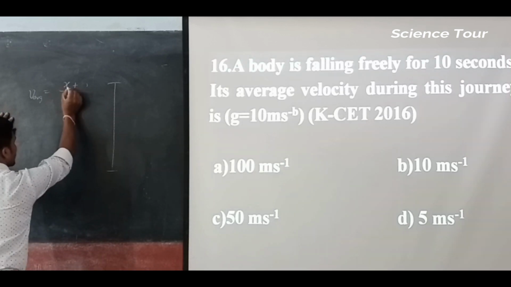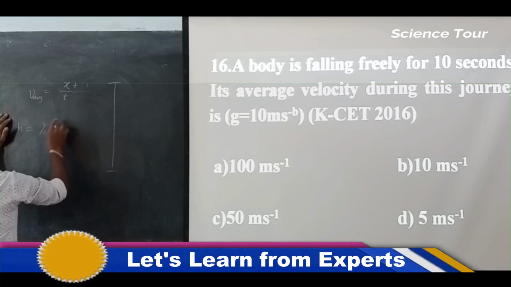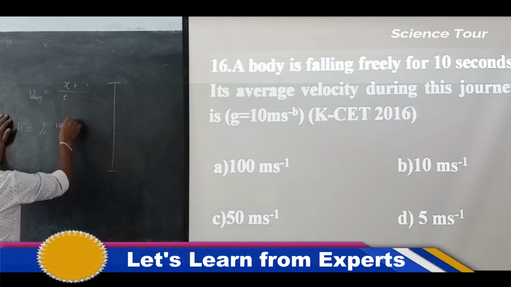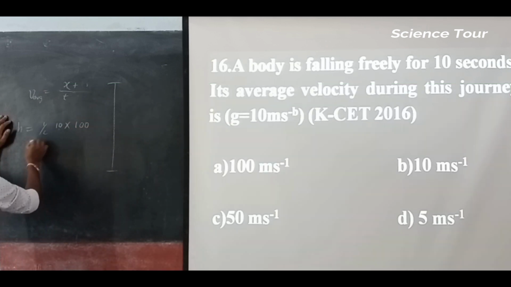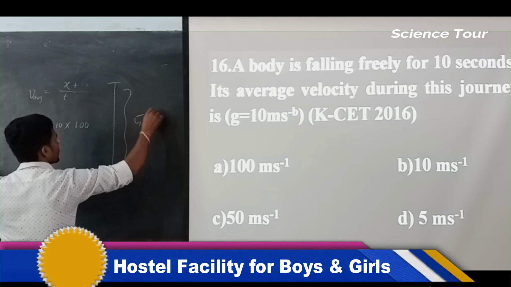Now x you have to find out, that is h is equal to v naught t plus half a t square. With g as 10, it is half times 10 times t square, so this becomes 5 and 500. So in 10 seconds it travels 500 meters.